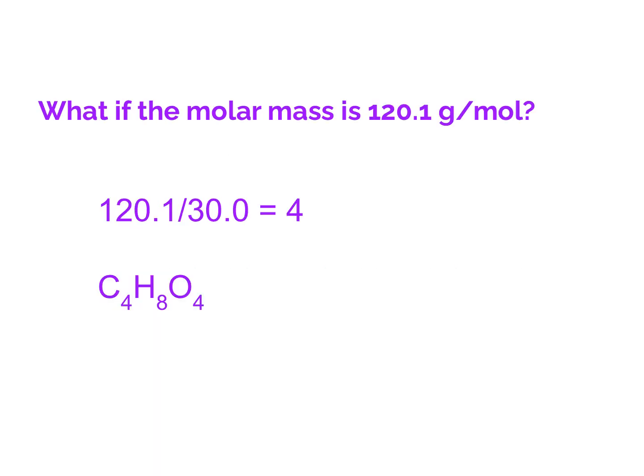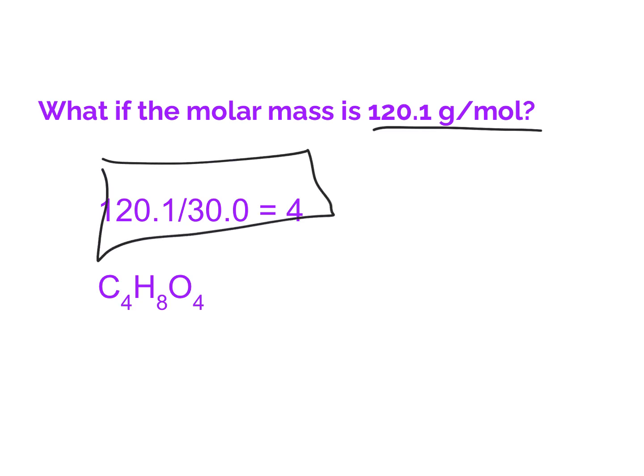Knowing this pattern, we can just continue to increase this ratio. So if the molar mass we were told was actually 120 grams per mole, then we would again divide our new molar mass by our empirical formula's molar mass, which is 30, and we would get 4 times. So that means we would have to multiply the amount of our atoms in our formula by 4.